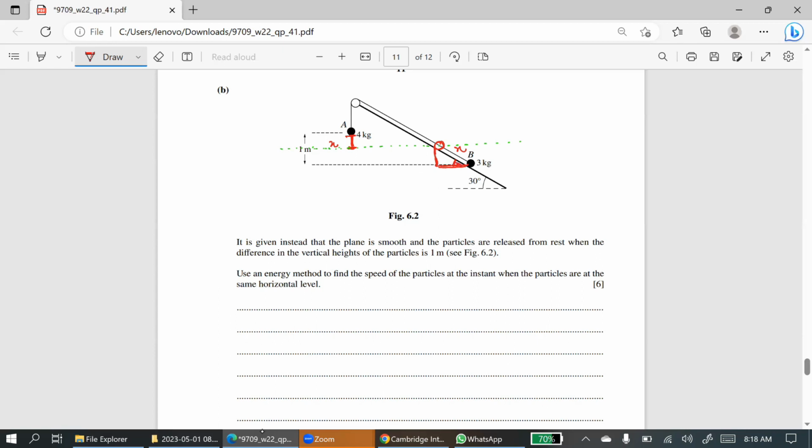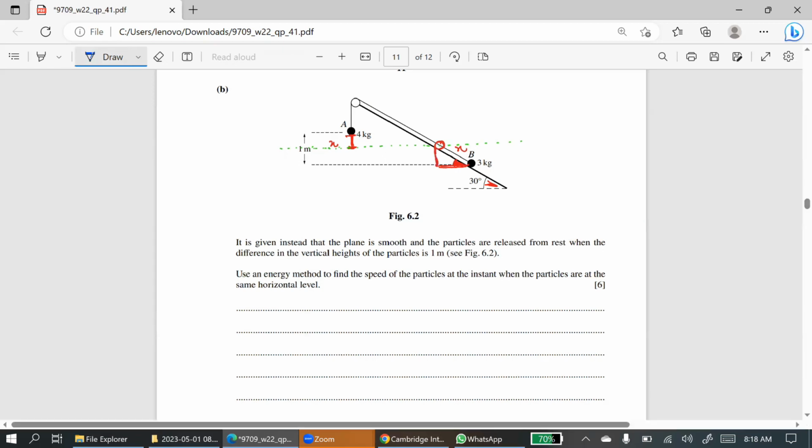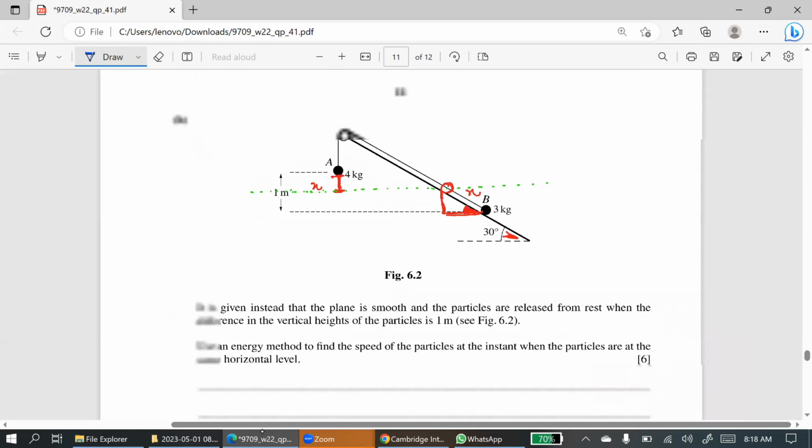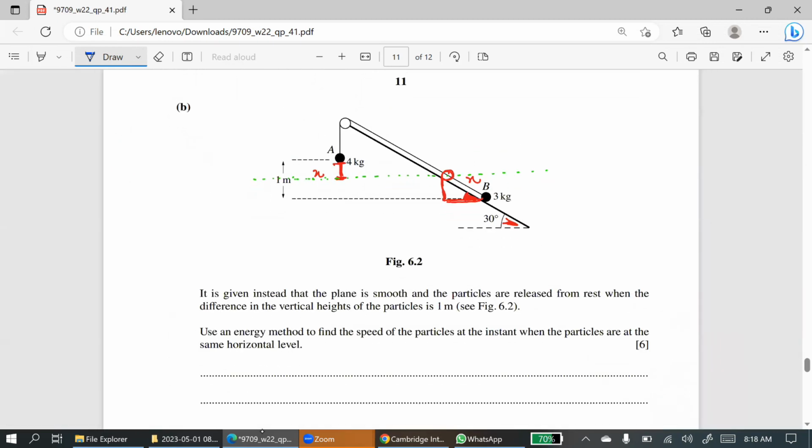This angle is 30 degrees because of this. Now the height obtained by this particle B is x sine 30.